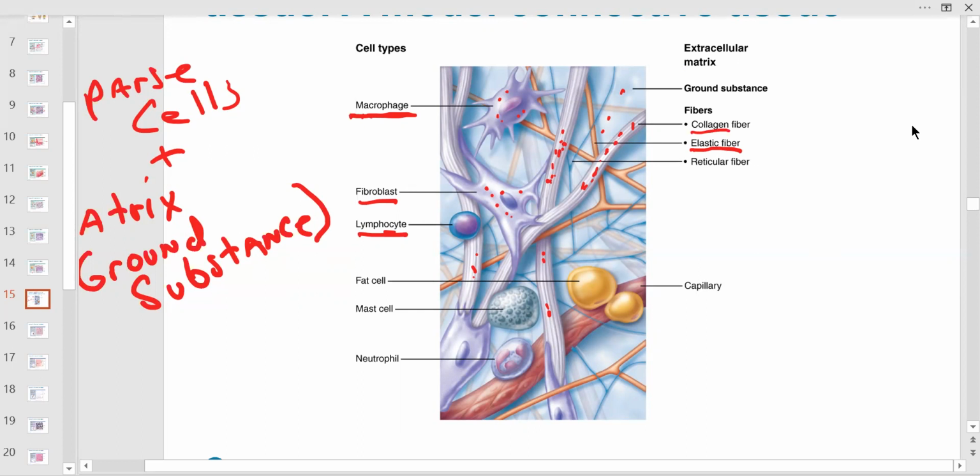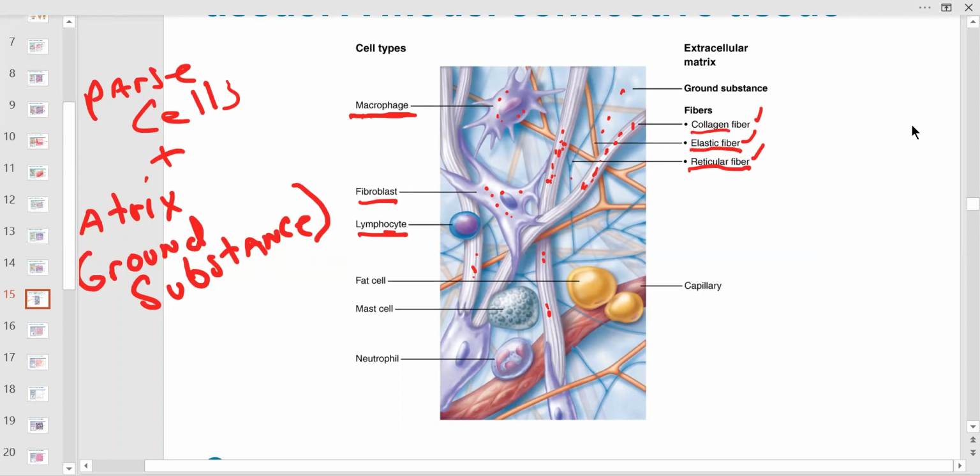This is areolar connective tissue, which is loose. And then you have reticular fibers, which are also protein that gives it some structure, thinner than the collagen fibers. So get used to saying collagen fibers, elastic fibers, and reticular fibers. And you'll see it come up in different slides. This is definitely the most difficult tissue in histology.